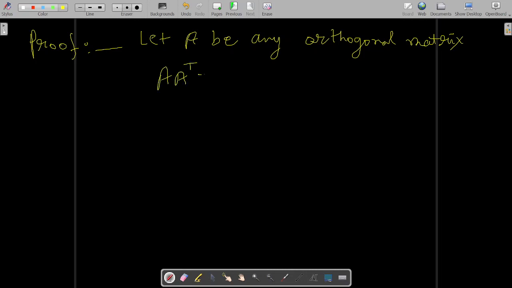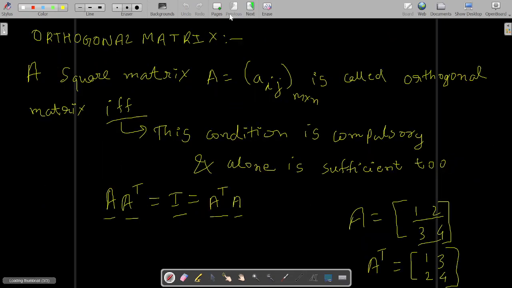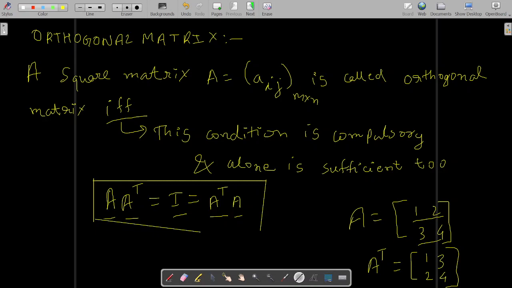A A transpose is equal to I. Right now, just a moment ago, we had proved, or rather stated, this theorem: if A is an orthogonal matrix, then A A transpose is equal to I. Because A is an orthogonal matrix, that's why A A transpose is equal to I. This is the condition which an orthogonal matrix must satisfy, by definition.